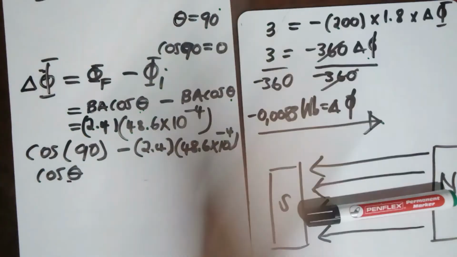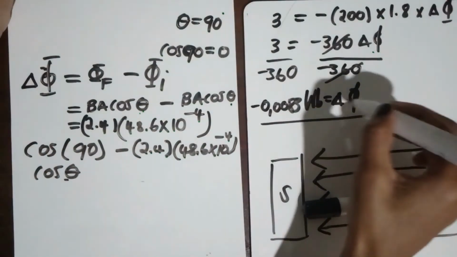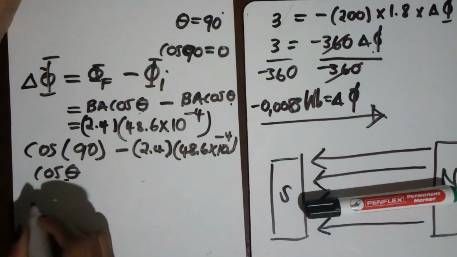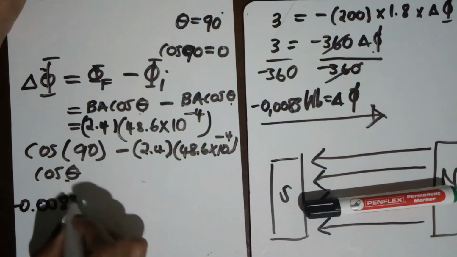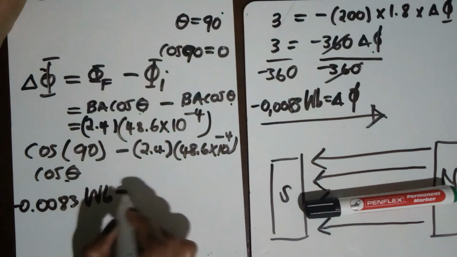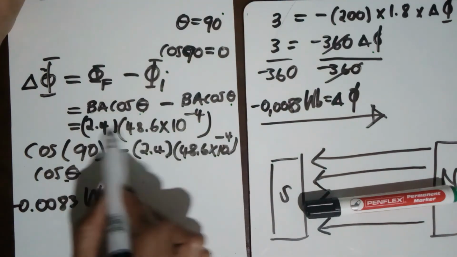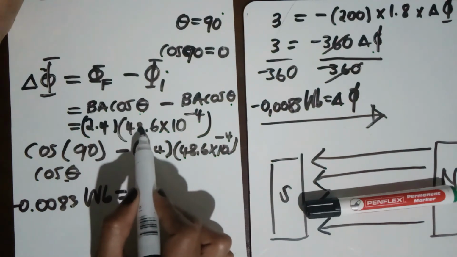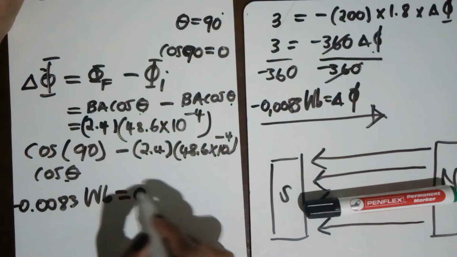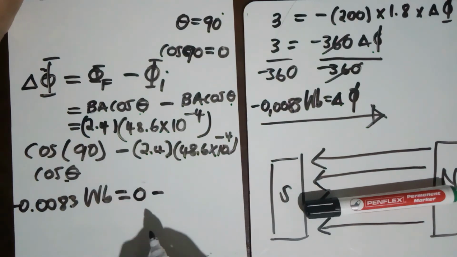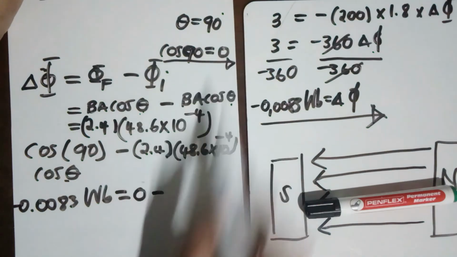We have already calculated the change in magnetic flux, and we said it's -0.008 Webers. Now this entire thing here, 2.4 multiplied by 48.6 multiplied by 10 to the power of -4, cos of 90 will just give me 0. You can put it in your calculator, but you should know instinctively that the cos of 90 is 0, right?